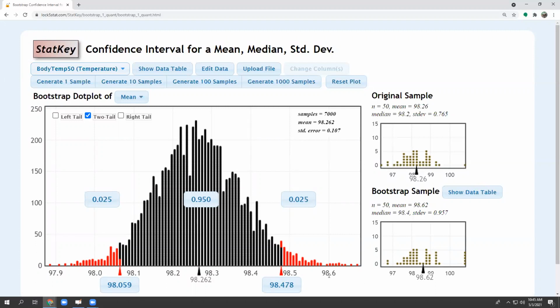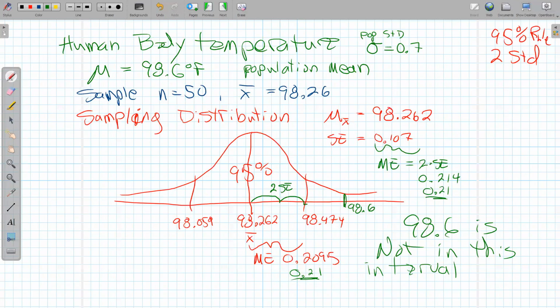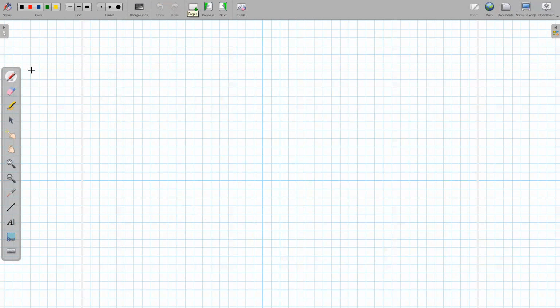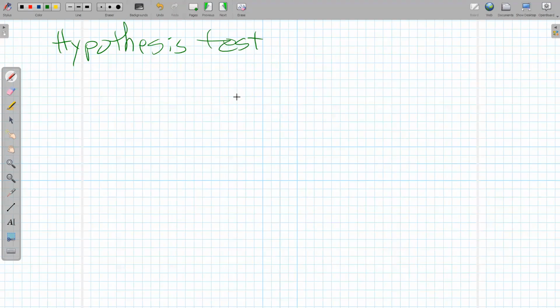What we're going to switch to instead here is doing this with what's called a hypothesis test. And I want to try to explain the difference. So that was a confidence interval. This week's topic, again, is the hypothesis test. A hypothesis test is based on a question and typically some belief, or maybe it's a fact based on data.